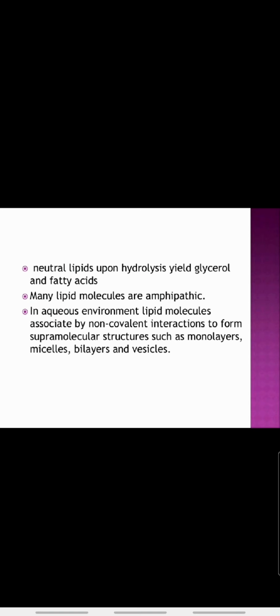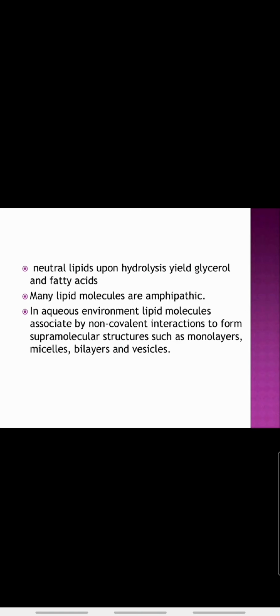Okay, next to that, it said many lipid molecules are amphipathic. What do you mean by amphipathic? Amphipathic is actually the word used to describe a chemical compound containing both polar, or soluble in water, and non-polar, or not soluble in water.